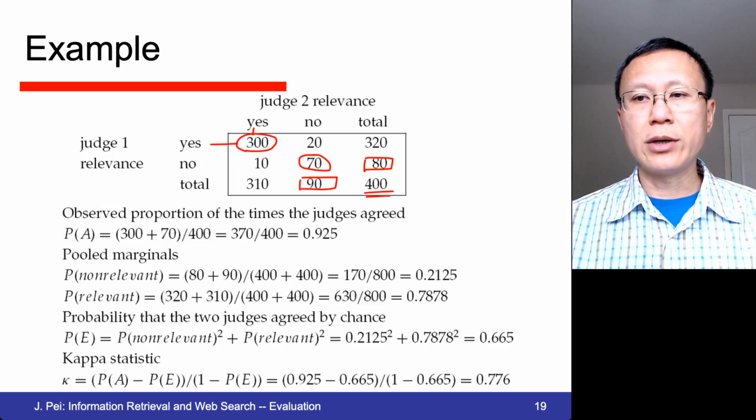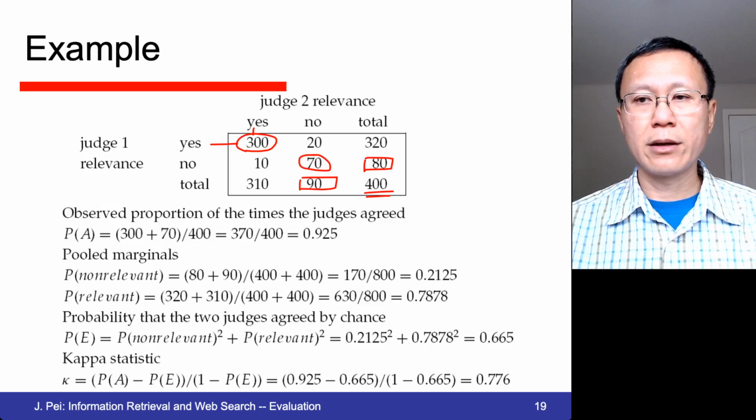So among those 400 cases, 80 of them are non-relevant judgments, and looking in this direction, another 400 cases, 90 are non-relevant.